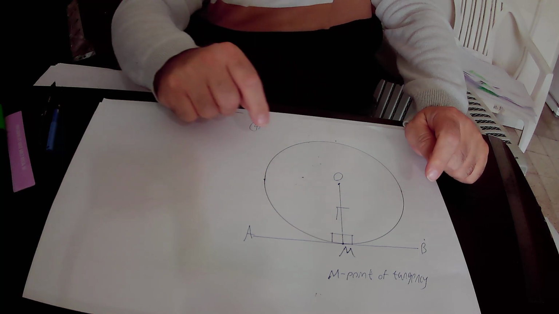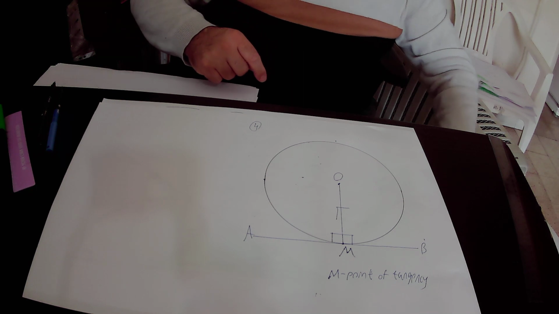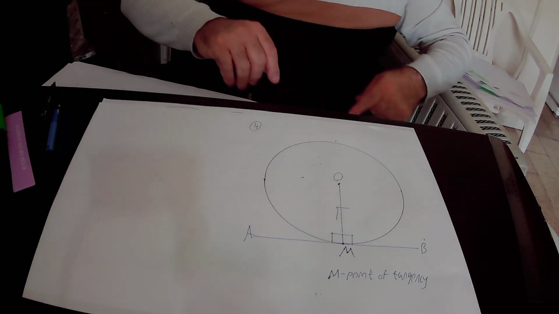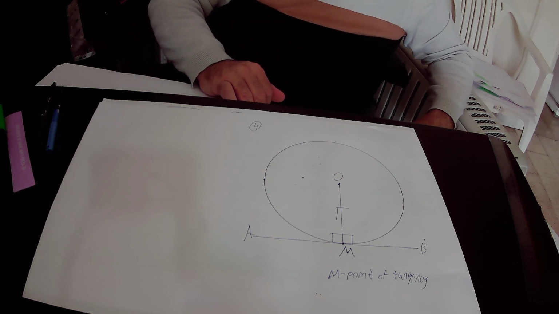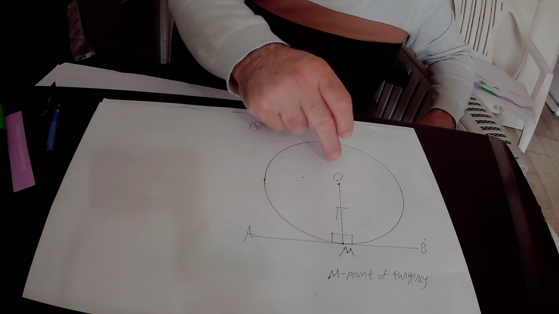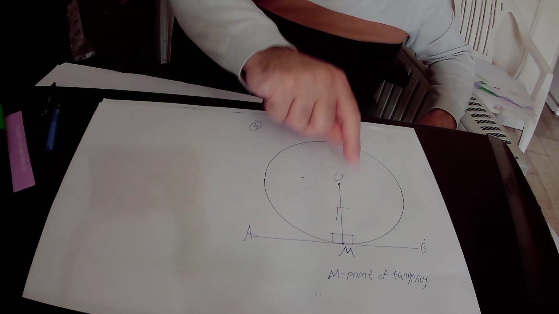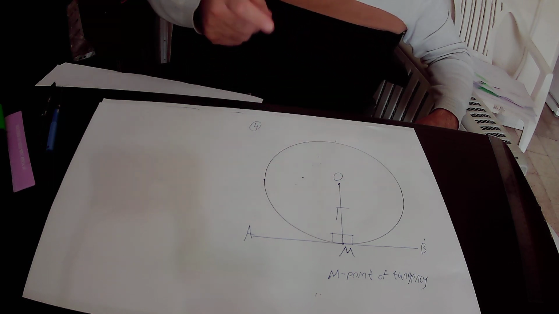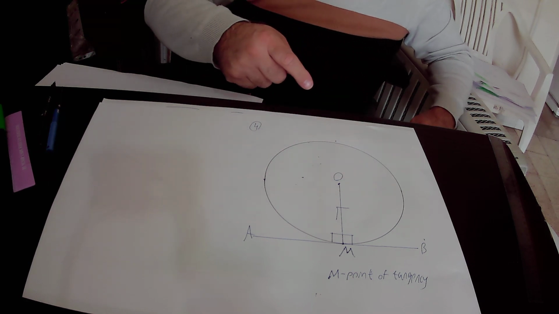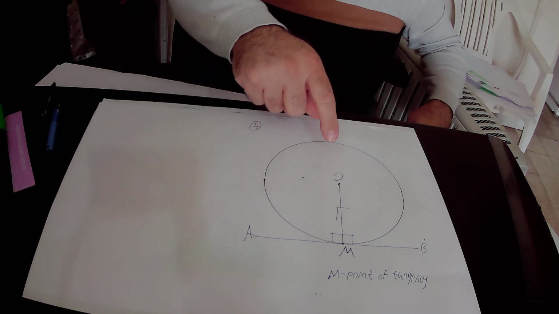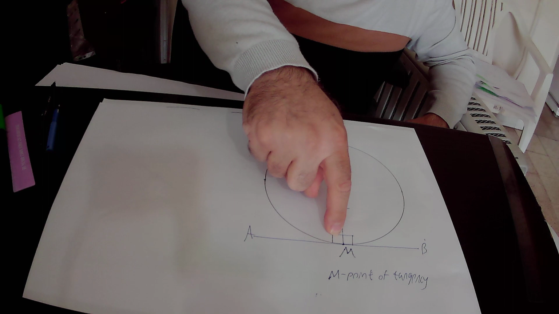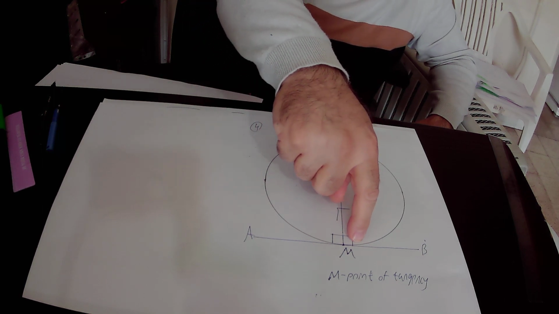So according to rule number 2, the tangent AB is perpendicular to the radius drawn to its point of tangency. This radius OM is drawn to the point of tangency, that is, to point M. Therefore, the tangent AB is perpendicular to this radius, that is to say, this angle equals 90 degrees and this angle also equals 90 degrees.